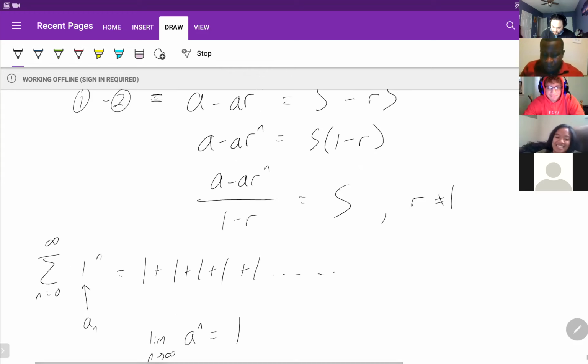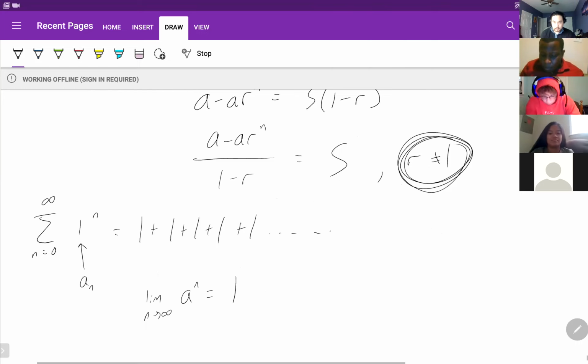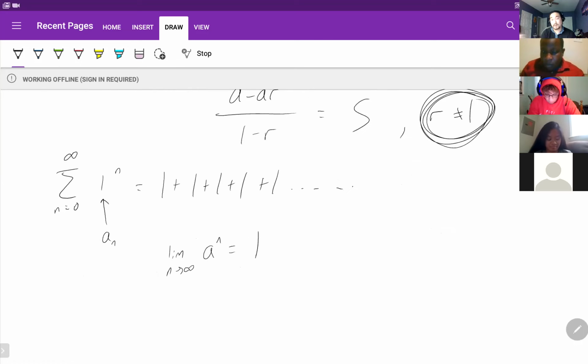So what I'm saying is this is another reason why we ignore the one case. So what that means is we are actually going to look at, okay, if the ratio was greater than 1, right?